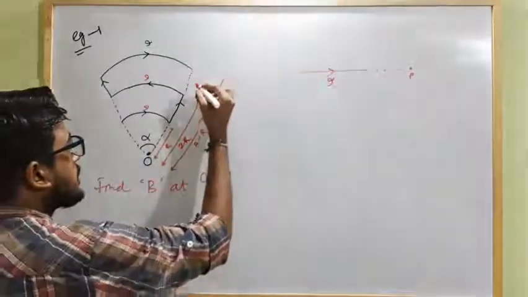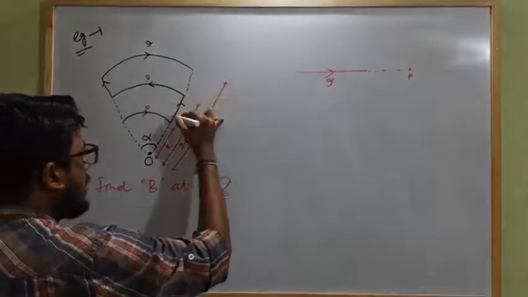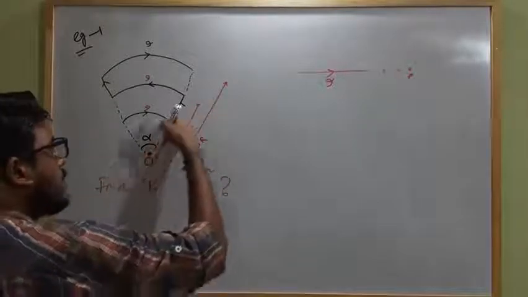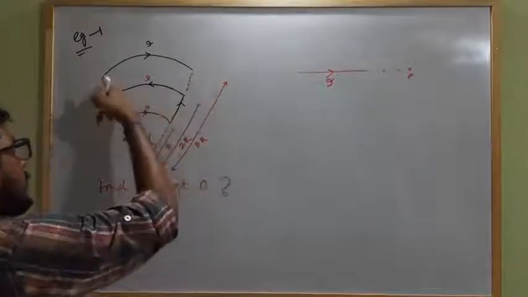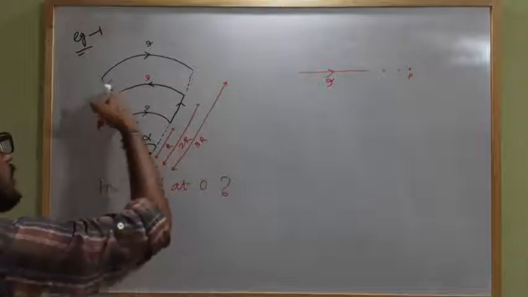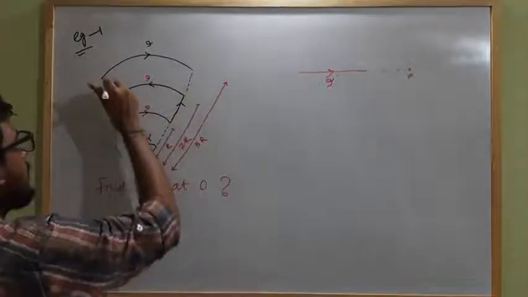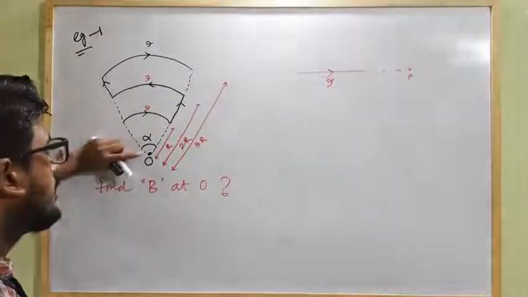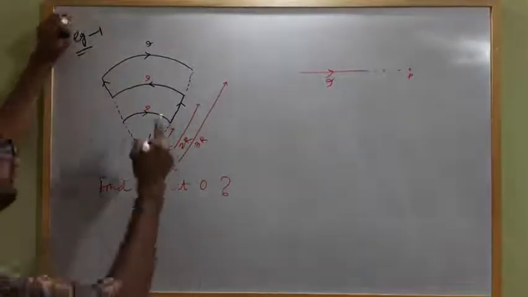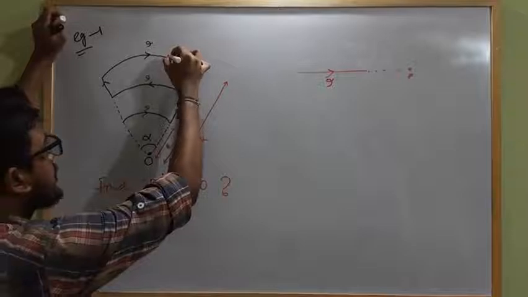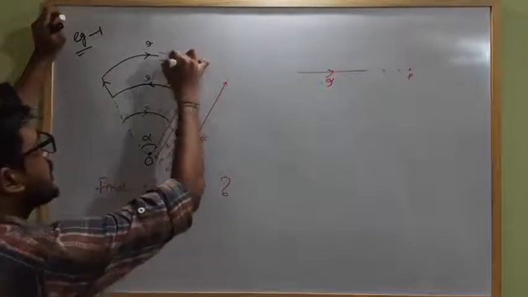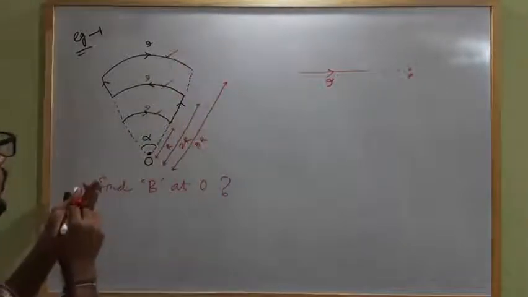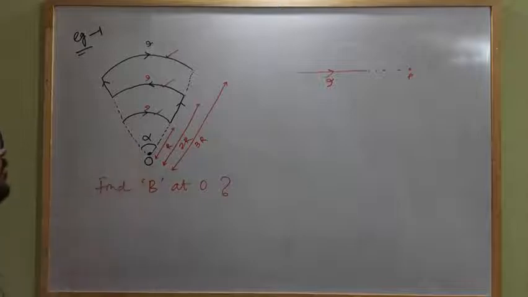Clear? The same here: this segment and the point of observation lie on the same line, and for this segment also. So for these two segments, the magnetic field strength at point O will be 0. So we have to calculate the magnetic field strength because of this and this. These three segments will provide the net magnetic field strength at point O.